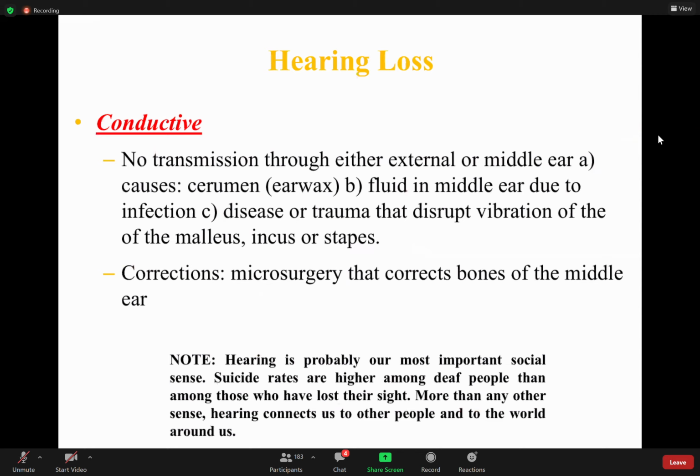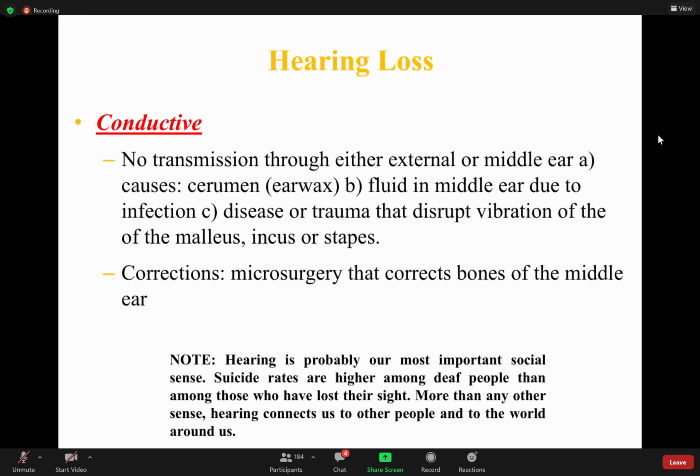Now, hearing loss could happen in a variety of ways. In very simple terms, we have conductive hearing loss, in which the ear canal could be clogged due to earwax. We could have a buildup of fluid in the middle ear. This could be due to an infection, and when we say infection, it does not necessarily mean that it comes from the esophagus, but it could also come from the tympanic membrane if it's inflamed for some reason.